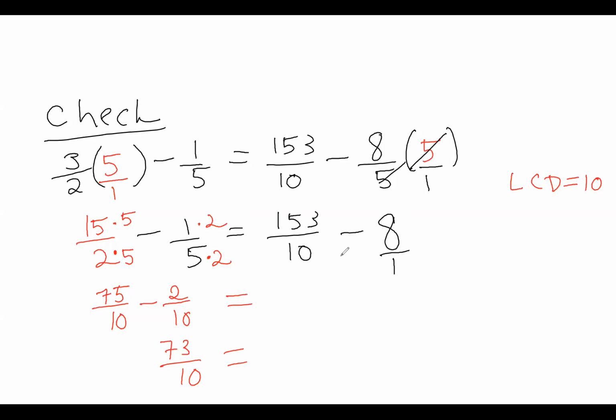Okay, still we can use 10 as a common denominator, so I'm going to work on this 8 over 1, multiply by 10 over 10. So I still have the 153 over 10, that's fine, minus 8 times 10 is 80, so 80 over 10. Okay, and look at this. 153 tenths minus 80 tenths is 73 tenths, which is exactly the same as what we got on the other side.